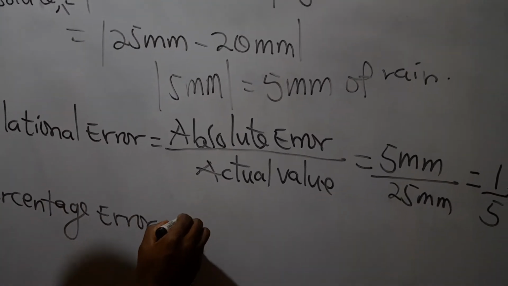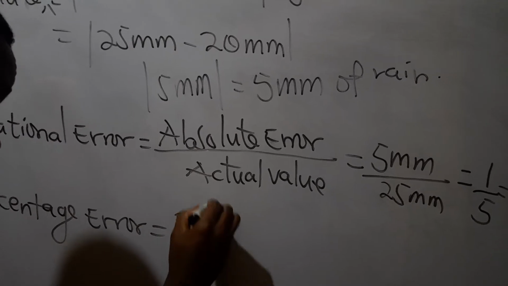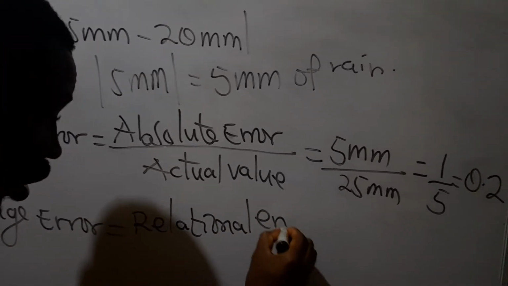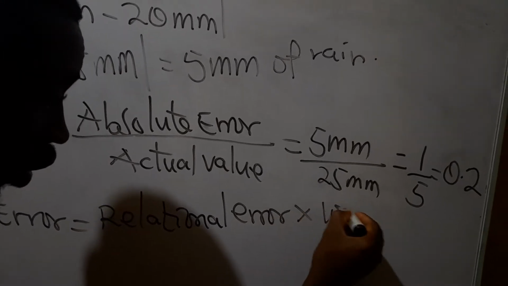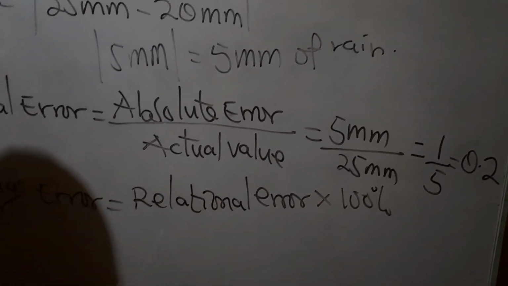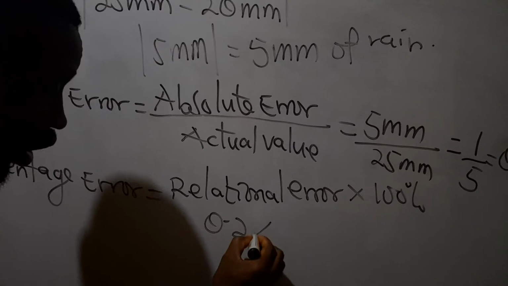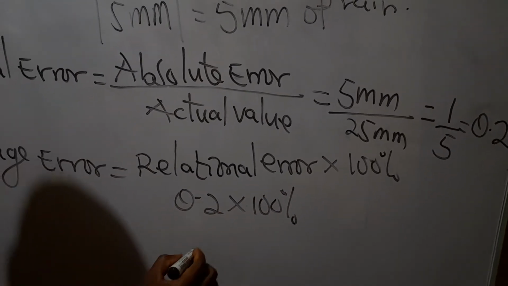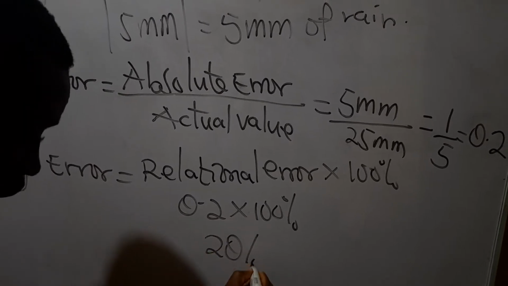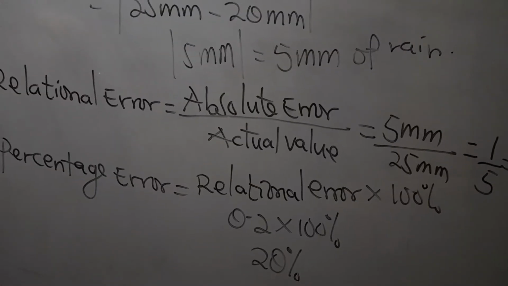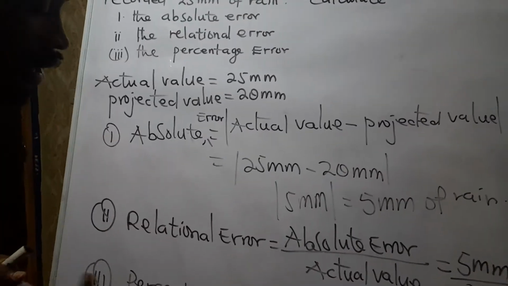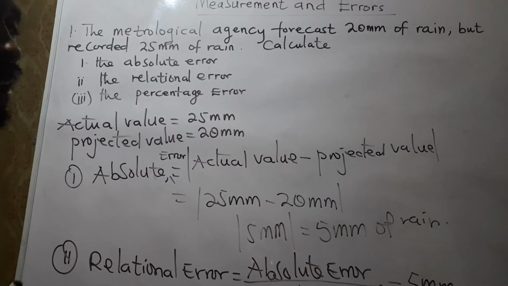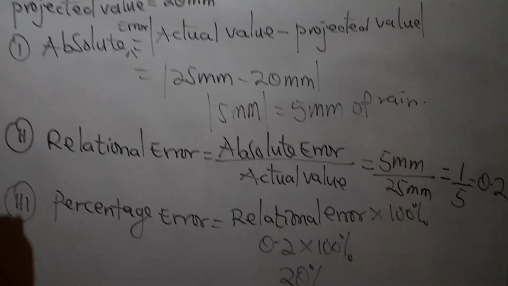So we can have our relational error times 100%. And our relational error is 0.2 times 100%. So 0.2 times 100% will be 20%. So the meteorological agency made a 20% error in forecasting the 20 millimeters of rain.